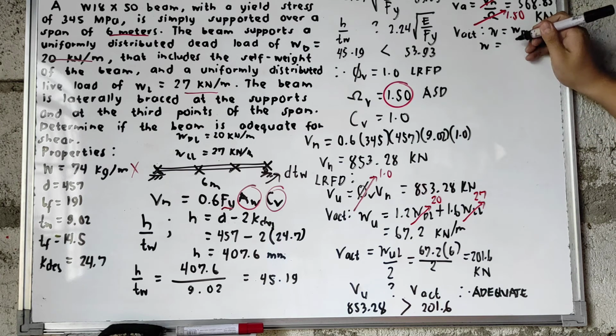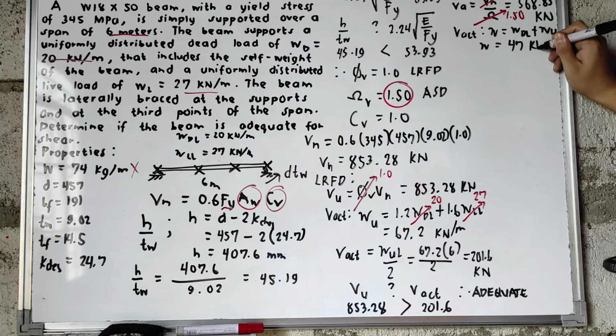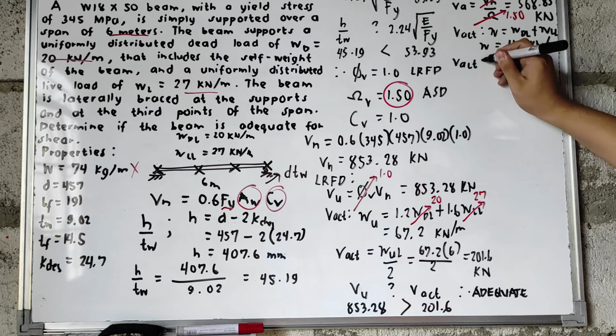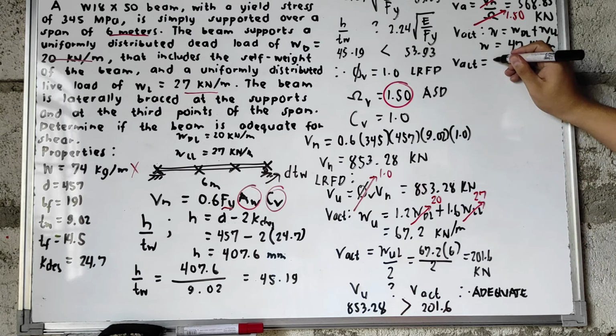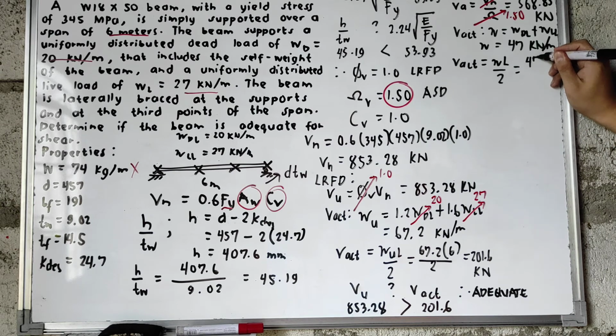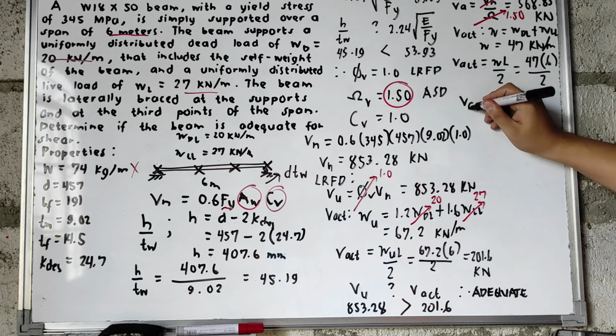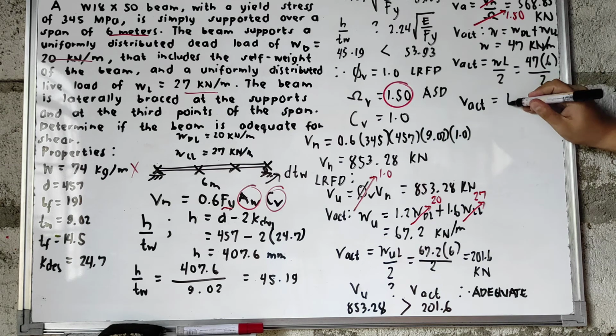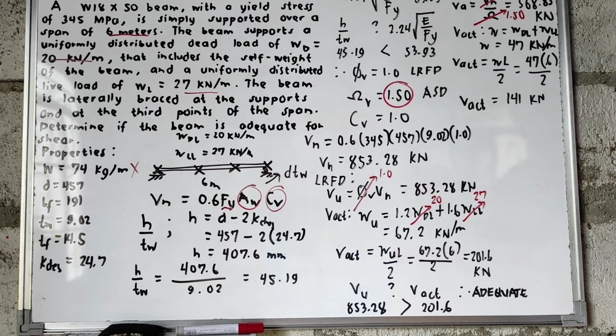So, you will have 47 kilonewton per meter. Next, we're going to calculate for the value of your V actual. So, that is WL over 2 or 47 multiplied by L. We have a value of L na 6 divided by 2. So, yung V actual natin, that is equal to 141 kilonewton.